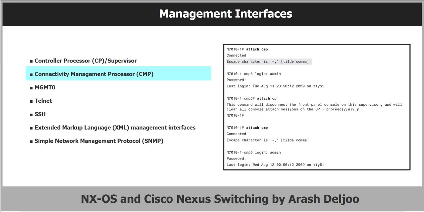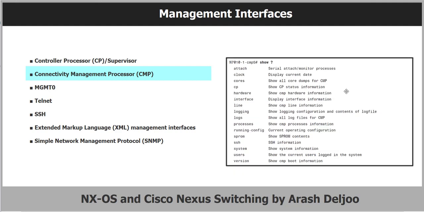Let me show you the show commands available in the CMP, or connectivity management processor. In this figure, you can see the show commands available in the CMP mode. And here we have the attach command, clock, core, CP, hardware, interface, line, logging, and other commands.